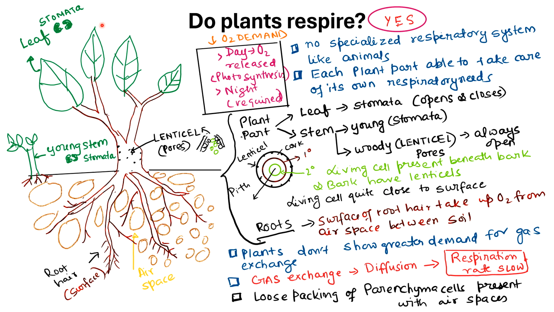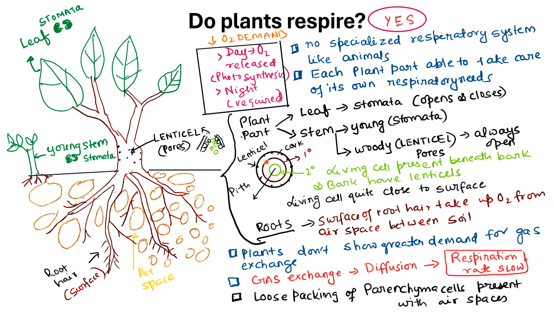So if we consider the plants, respiration takes place in them, but unlike animals which have an elaborate respiratory system, each plant part can take care of its own respiratory needs. How? If we see the plants, the leaves have minute pores which are called stomata. These minute pores can open up and close and can help in gaseous exchange. The young stems also have stomatal openings.